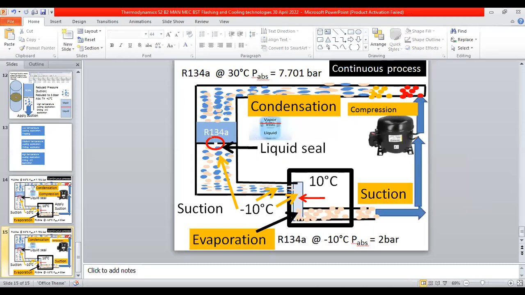This is the liquid seal. So here what takes place is flashing.